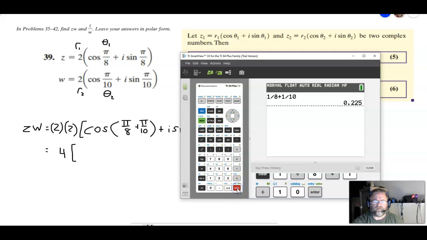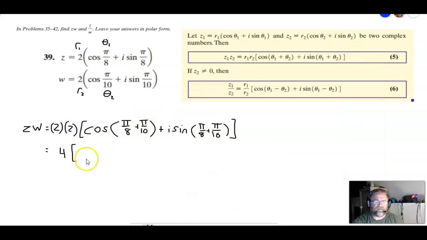I will then convert that to a fraction, so I get 9 over 40. So that's going to be the cosine of 9 pi over 40 plus I sine 9 pi over 40. And that is it for the first part of this.